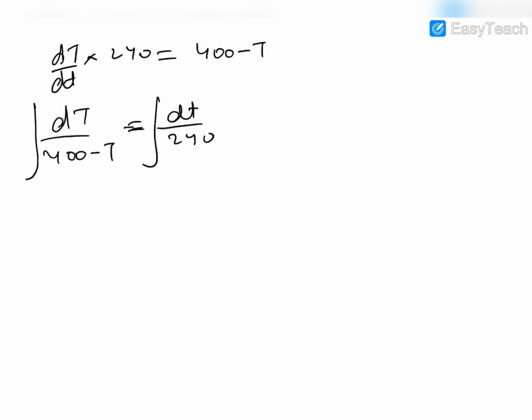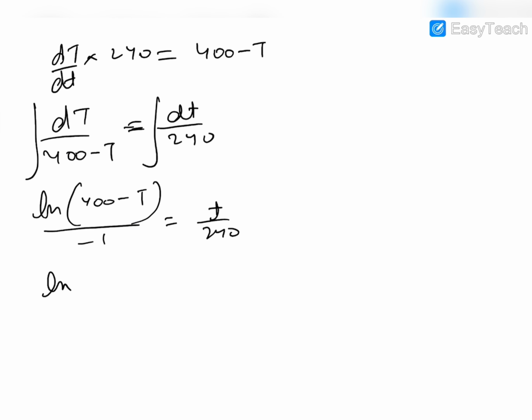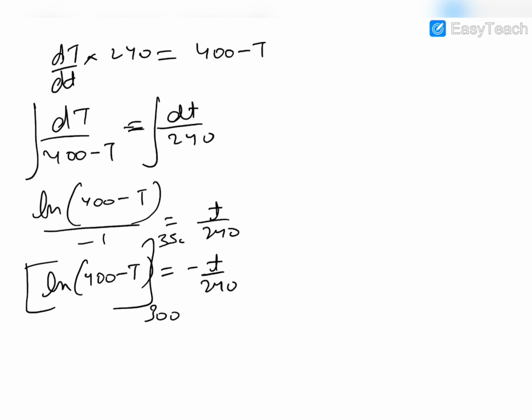Integrating both sides, this is ln(400 minus T) upon minus 1 is equal to t upon 240, so minus ln(400 minus T) is equal to t upon 240. The limits will be the initial temperature of the disc, which was 300, and finally 350. So ln of 50 by 100 will be equal to minus t by 240.